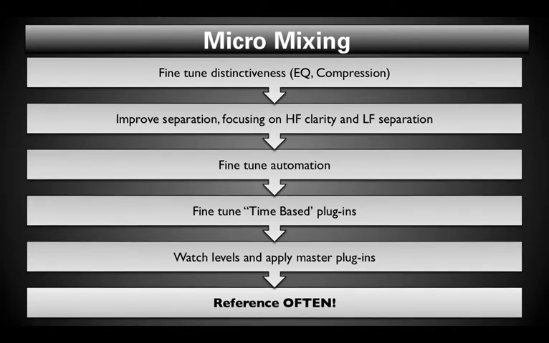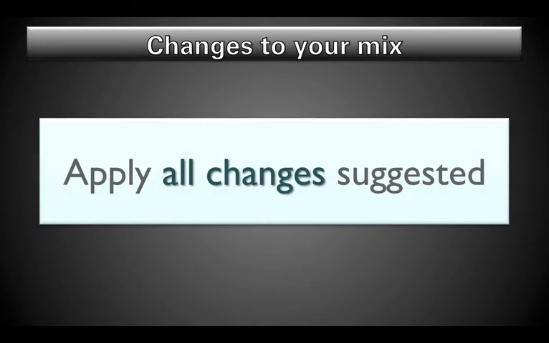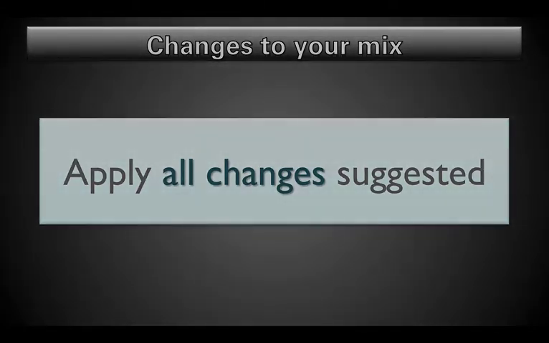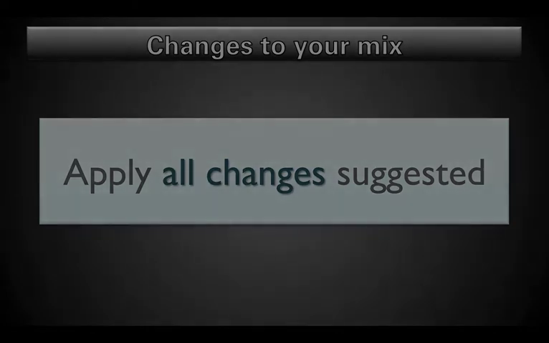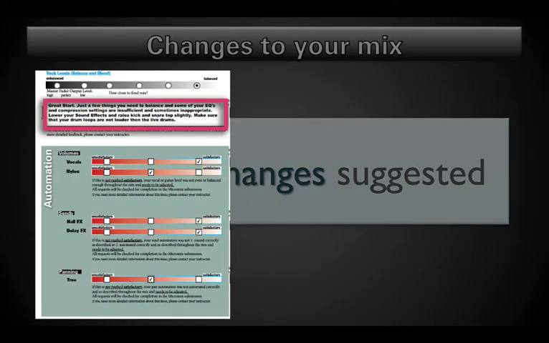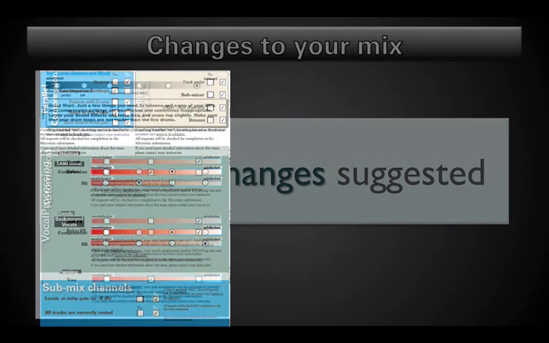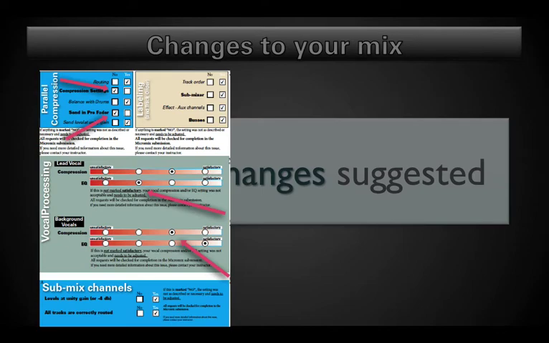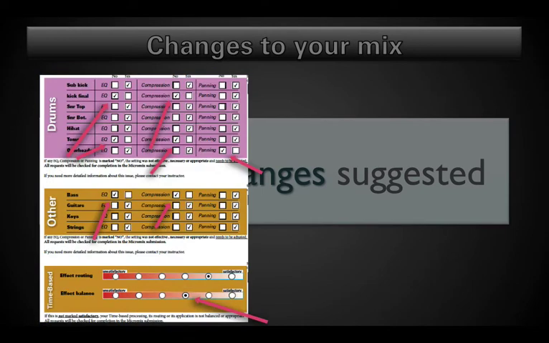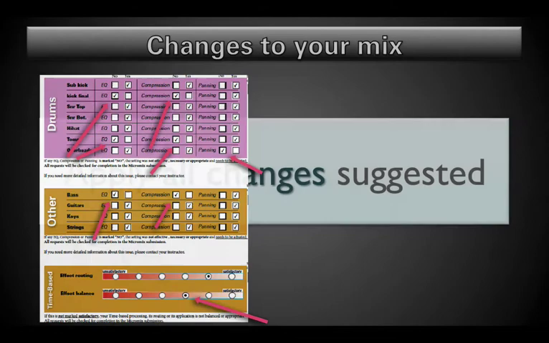You should have received by now your changes from your instructor from the macro mix, and I recommend that you don't do anything else to your mix until you have received those changes. Apply everything that is marked, everything that has a point deduction. All this will be checked over again in your micromix grading.